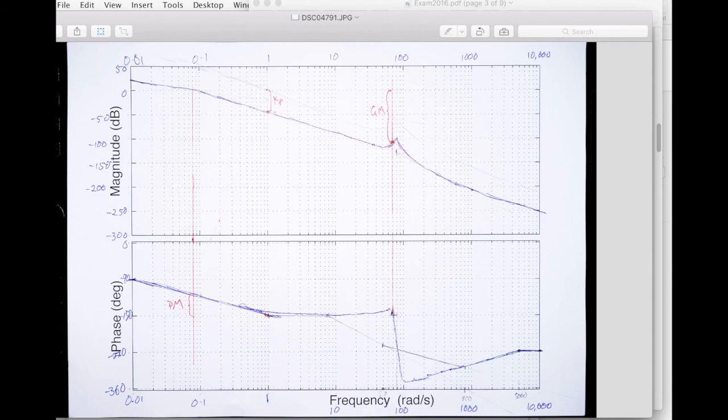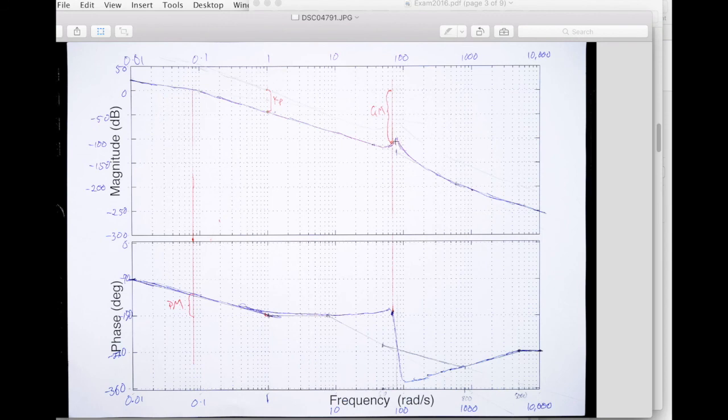So we looked at that point just before 80, the natural frequency of the resonant poles, and then we look at how much the gain would have to increase before we hit 0. I estimated that's about 100, 110, somewhere around there. I think I said 110.